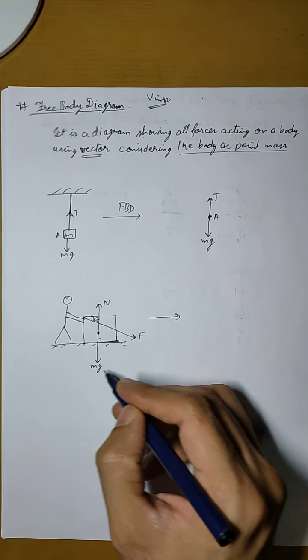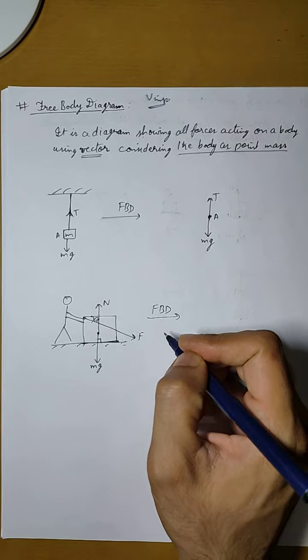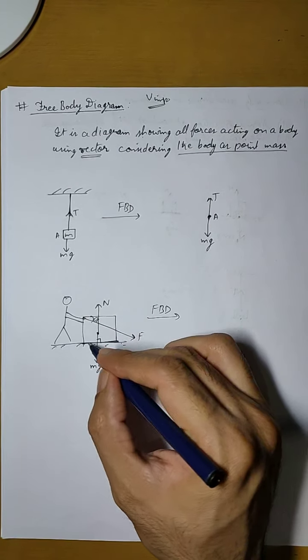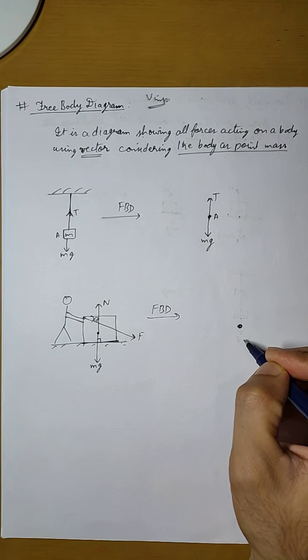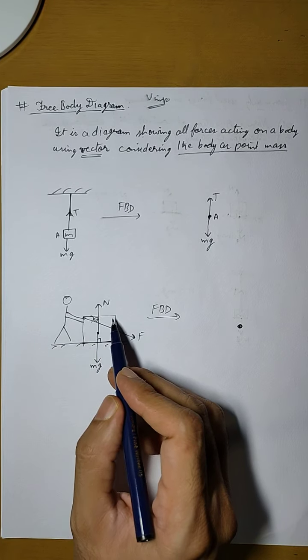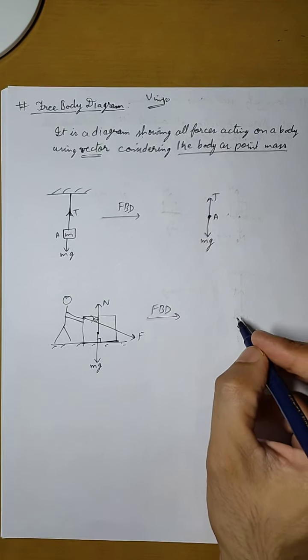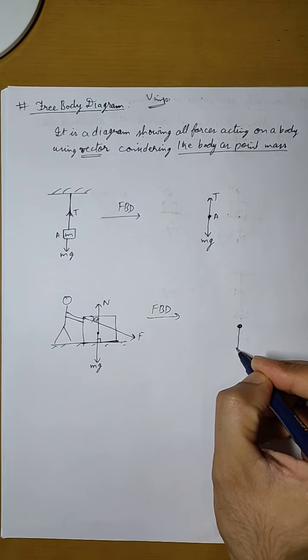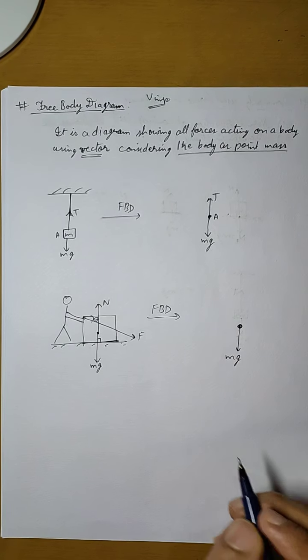Now this is the actual situation diagram. But if we draw the free body diagram of this block, then this block will be first of all considered a point. Then we will represent all the applying forces in the form of arrows. So mg is in downward direction, so this will show mg.